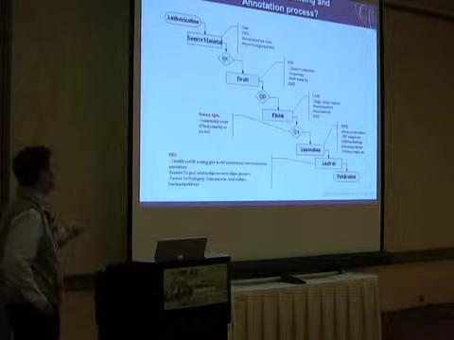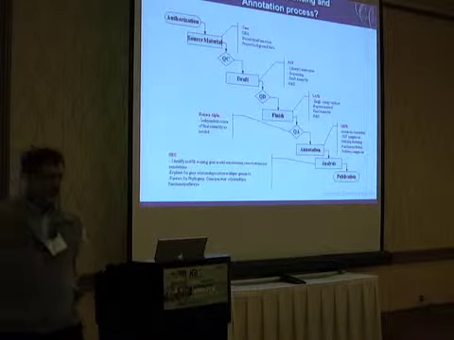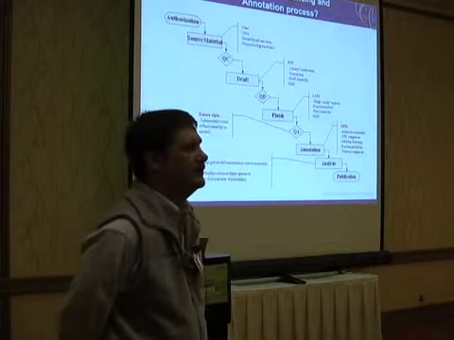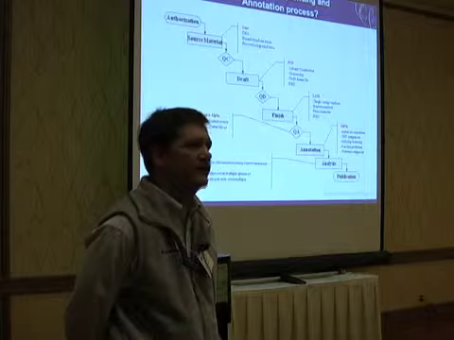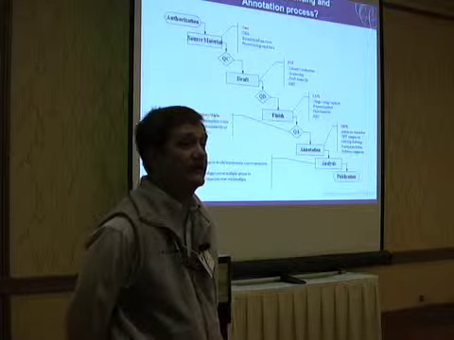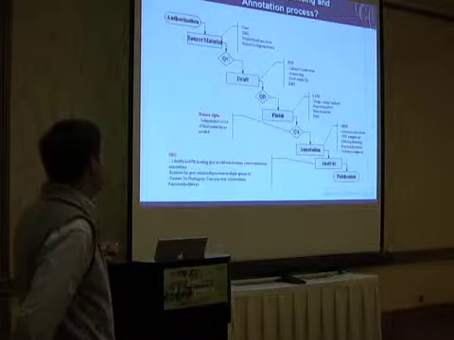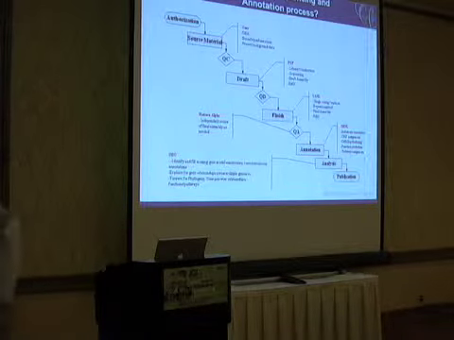Once the draft is completed, there's a quality control step that makes sure that the draft assembly has sufficient coverage and sufficient quality to move it on into a finishing process. Also at that point, the Oak Ridge folk do automated annotation.